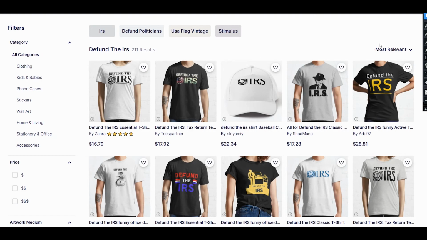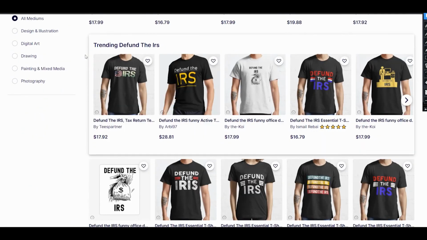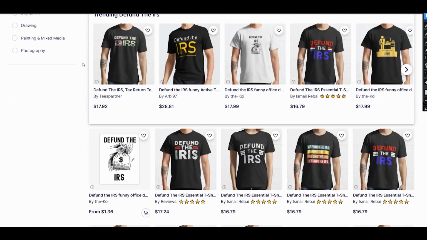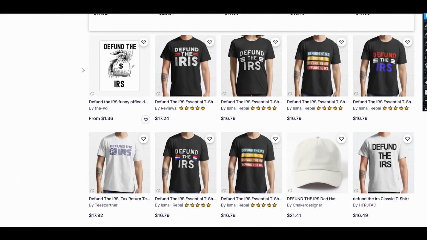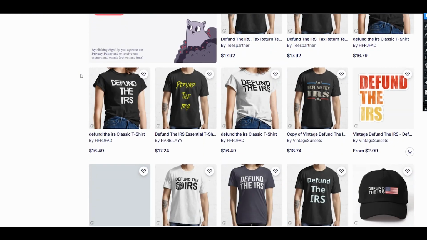And of course you can use some illustrations that are connected with money or with taxation. As for me, some money illustrations will work even better, because you can use them in different designs, in different searches, and they will work well for them too.